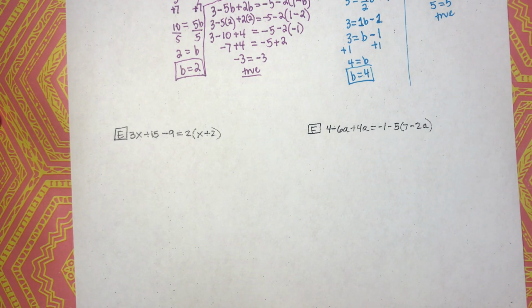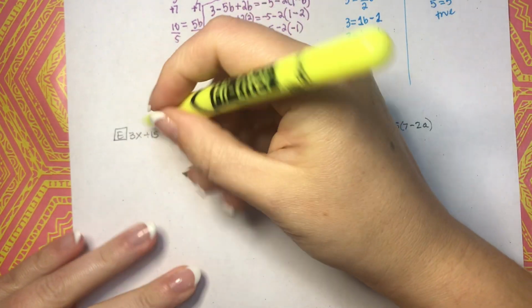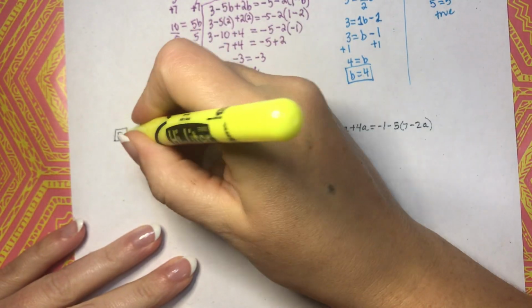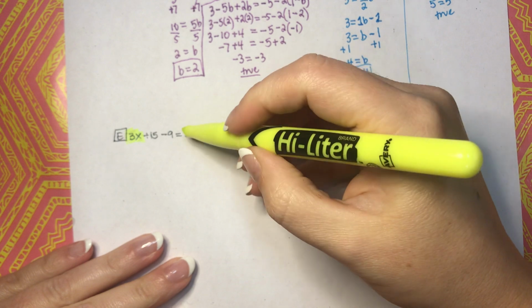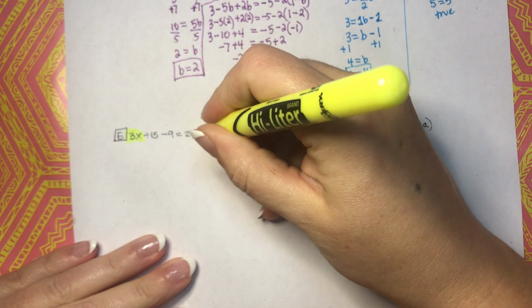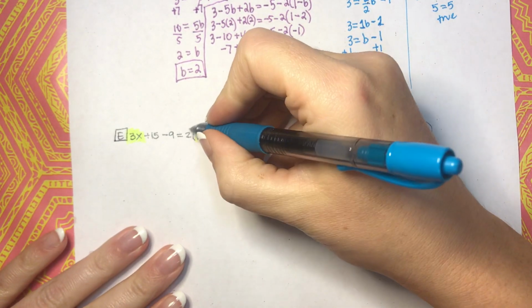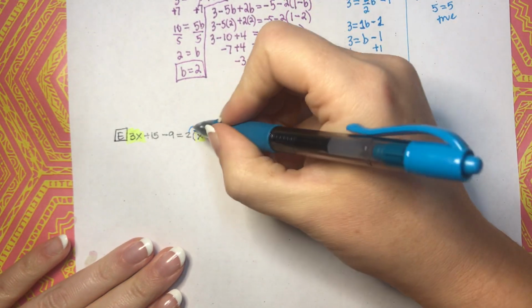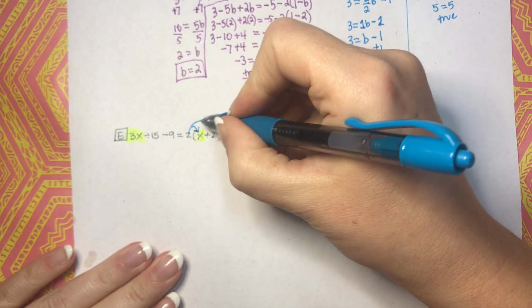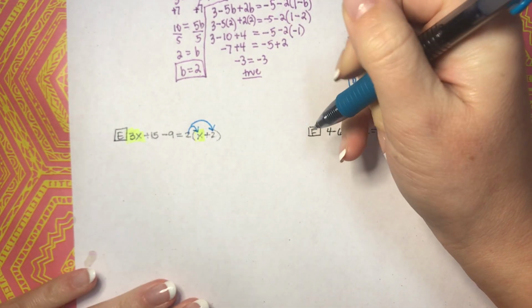All right, we're back. Let's see how you did on E. There's a lot of stuff happening with E. We have 3x plus 15 minus 9 equals 2 multiplied by the quantity x plus 2. What do we have to do first? We need to distribute the 2 to both terms, 2 times x and 2 times 2.